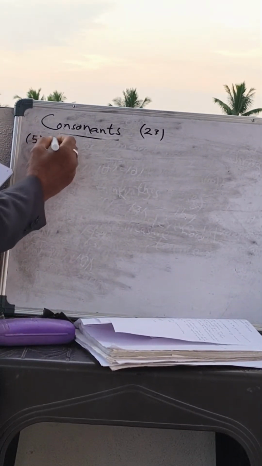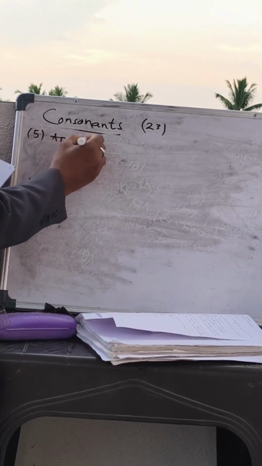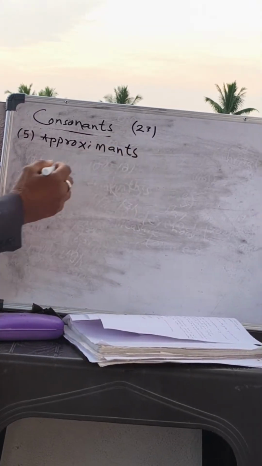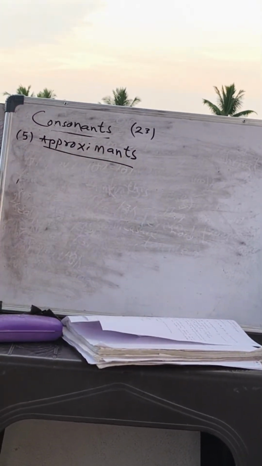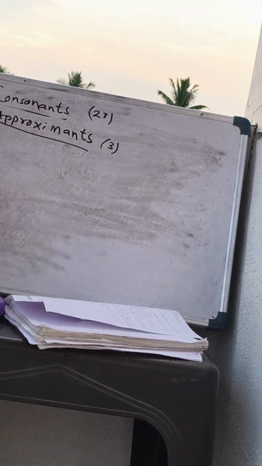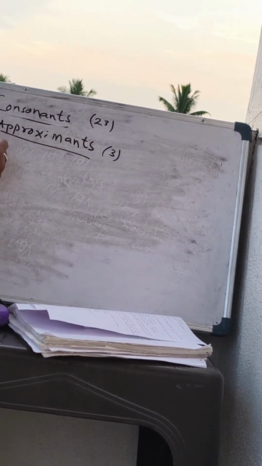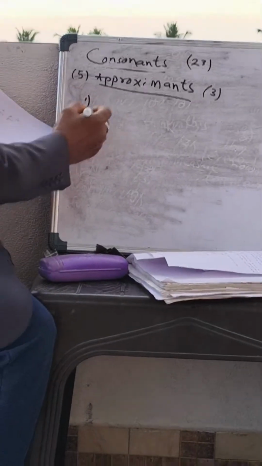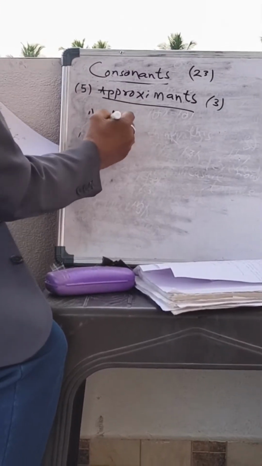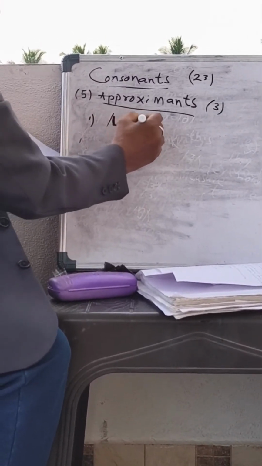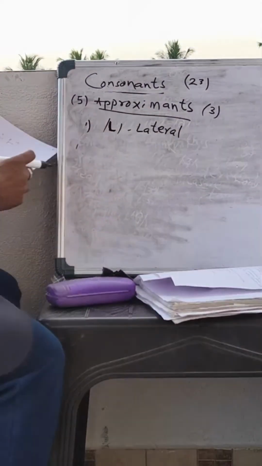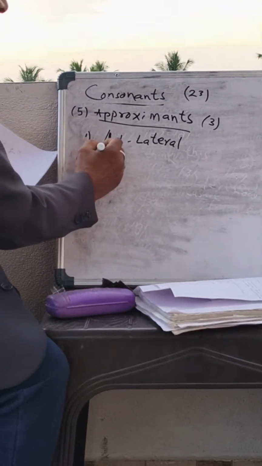Approximants. This is 3 in number. One is l, that is lateral, as in light.